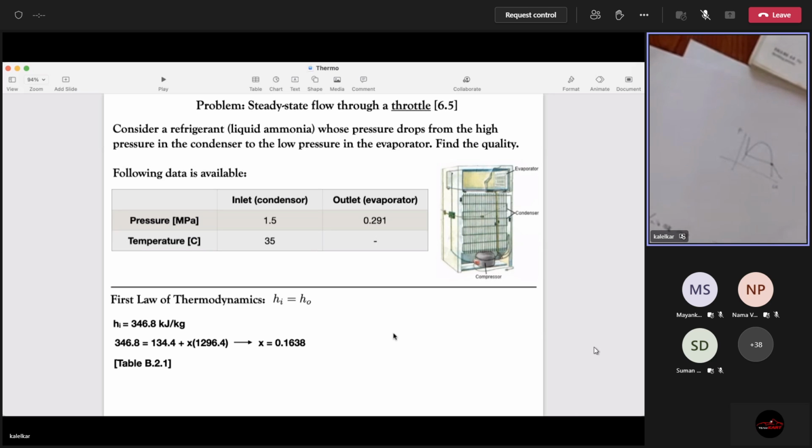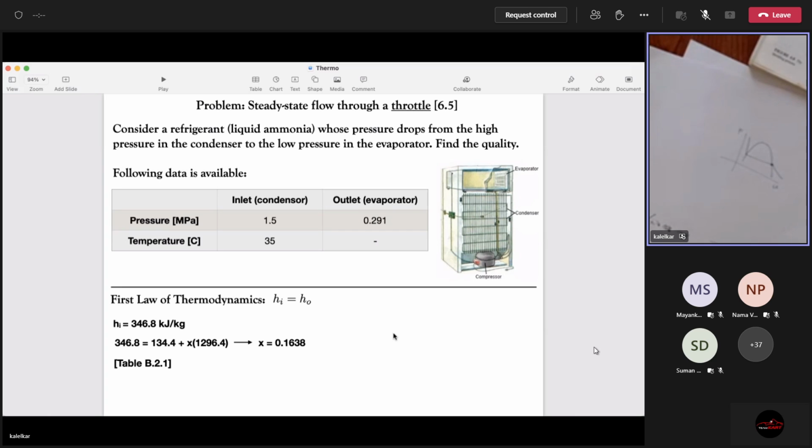There's only one table given to you, so you will have to use the same table, whether you are given T and asked for P or vice versa. Here you are given P, 291 kilopascal, which corresponds to a temperature of minus 10, right? So you can use these enthalpy values, 134.41 and 1296.4, to calculate the quality.